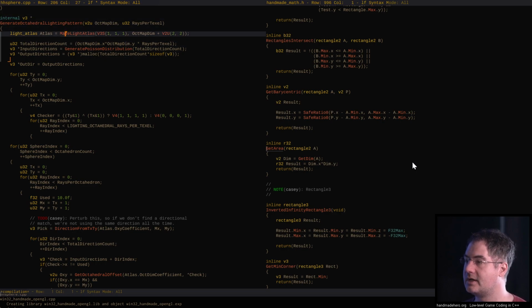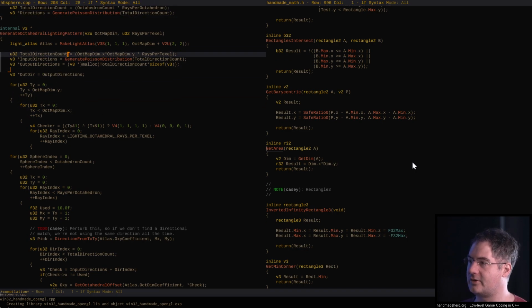All right, anyway. So yeah, this was kind of busted, and now it's a little less busted. But this is still a problem. So I feel like we would have to increase the total number of directions we ask for in the distribution. This total direction count needs to be higher, because when we pull stuff out of the thing, we've gotta have more.